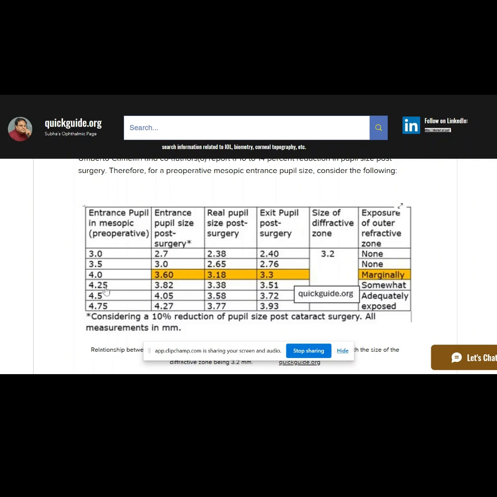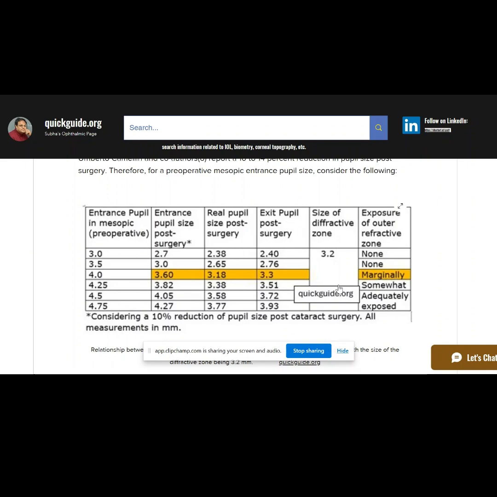Why? Because a 4.25 millimeter preoperative entrance pupil would mean an exit pupil post surgery of around 3.51. So if you have a 3.2 millimeter diffractive zone, then you will have around 0.3 millimeters of exposure. So that's basically the bare minimum, I believe, that patients should have: around 4.25 millimeters of entrance pupil in mesopic conditions.